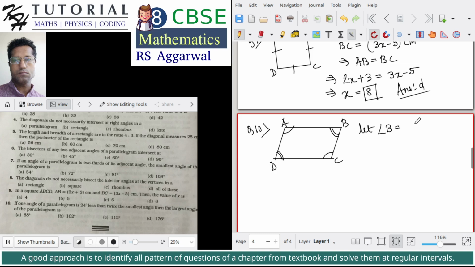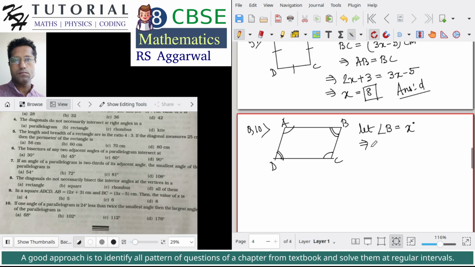So let B be equal to x degree. We are assuming angle B, which will be the smallest angle, as x degree.